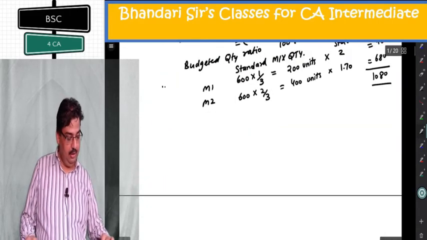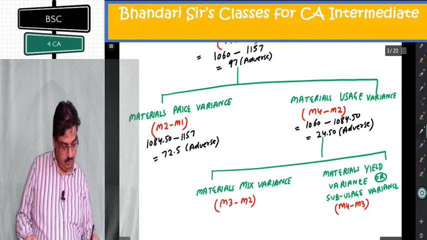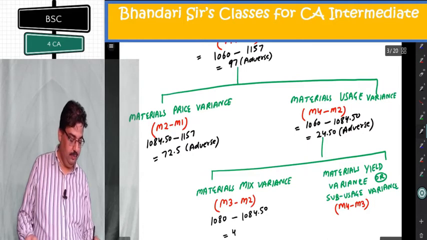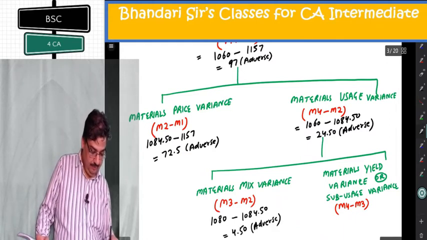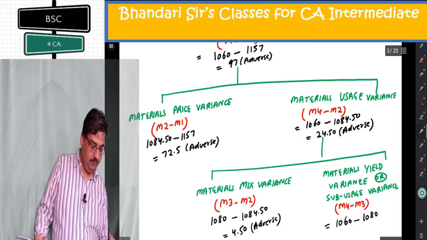M3 we computed as 1080. 1080 minus 1084.50 is 4.50 adverse. And lastly, 1060 minus 1080 is equal to 20 adverse.